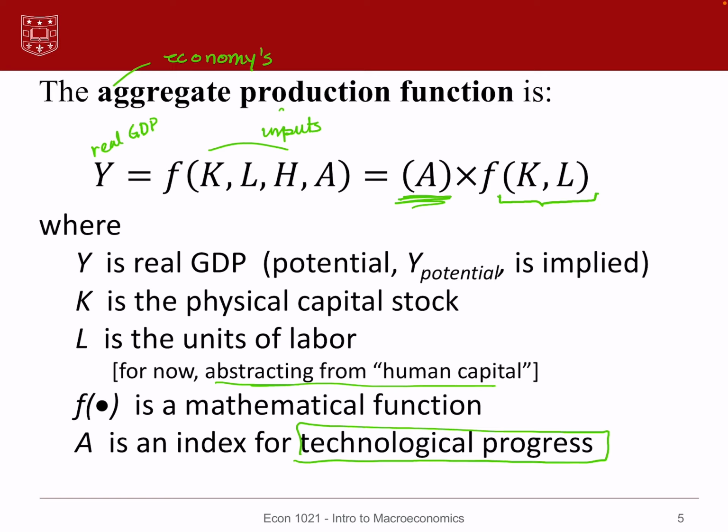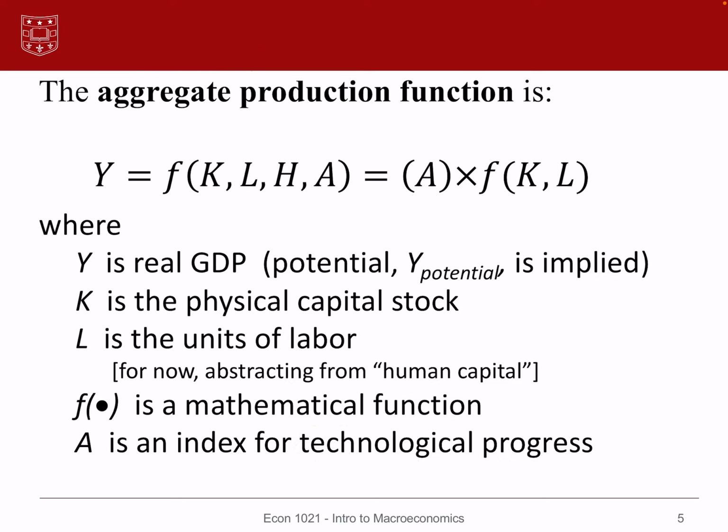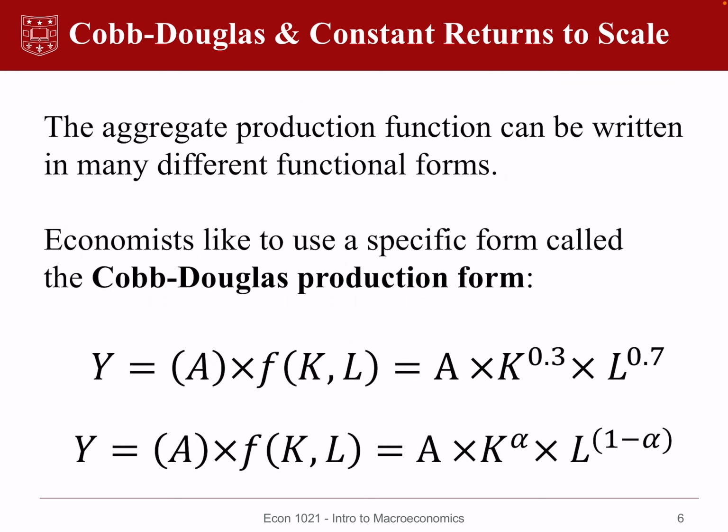And the F here just means that we have some mathematical way of expressing this relationship. So here it is. An aggregate production function that we use a lot in economics is what's known as a Cobb-Douglas production function.